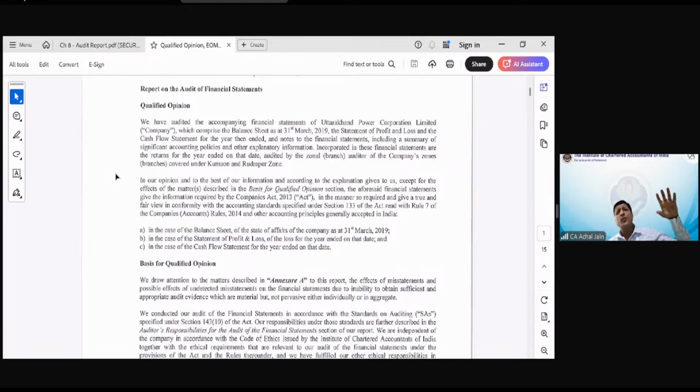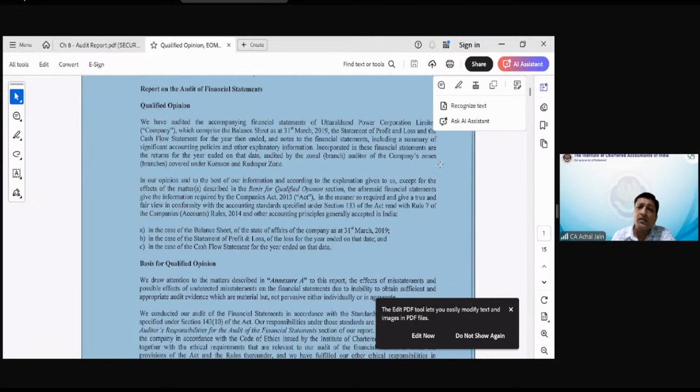So he's saying if you exclude those line items, whether it is trade receivable or say he's talking about borrowings, whatever is that, remaining financial statements are good to go. Understood?